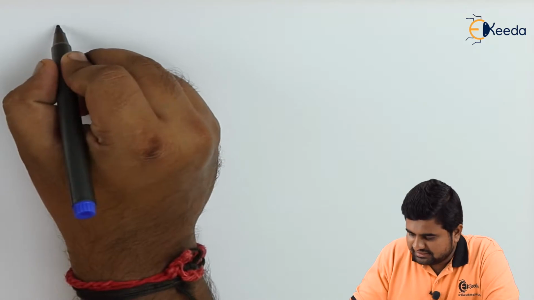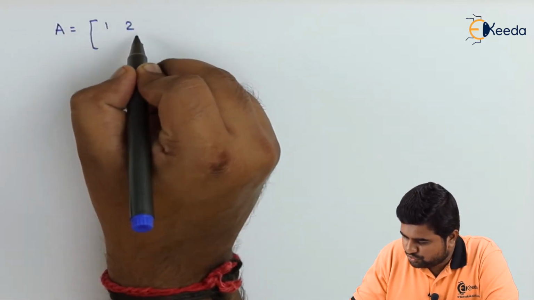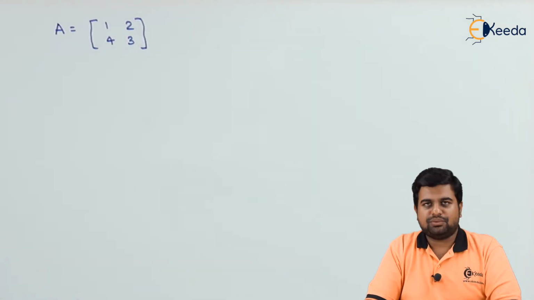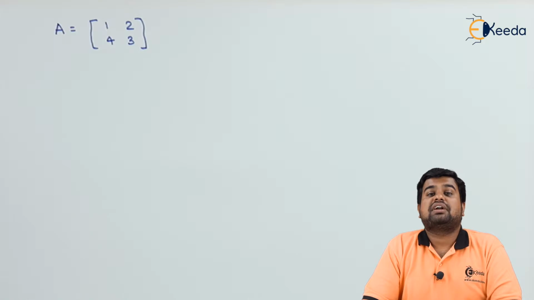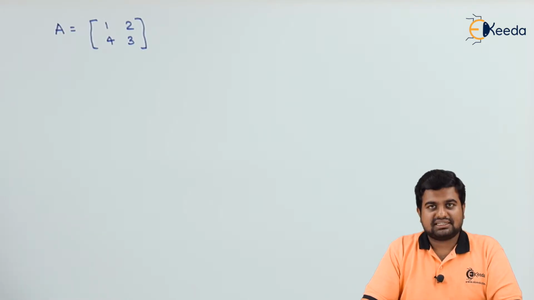Let us start with a 2 by 2 matrix. Let A be equal to 1, 2, 3 and 4. This is a 2 by 2 matrix, and I am supposed to find the eigenvalues for it. As I said, if there is an n by n matrix, then n eigenvalues are possible.